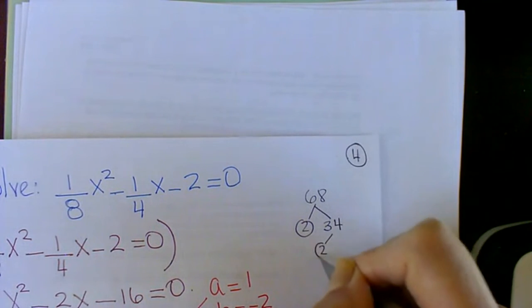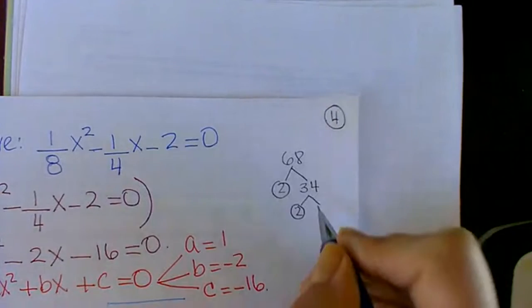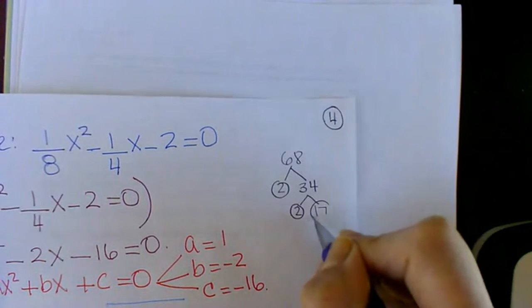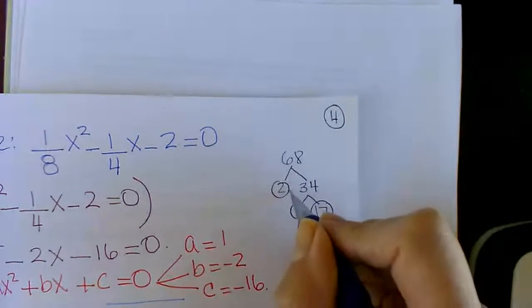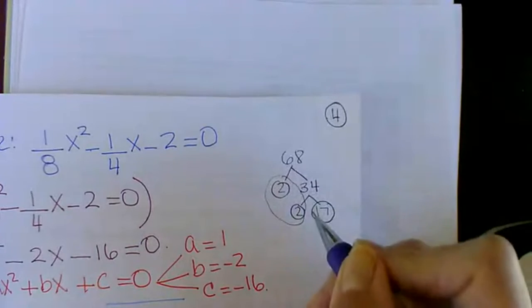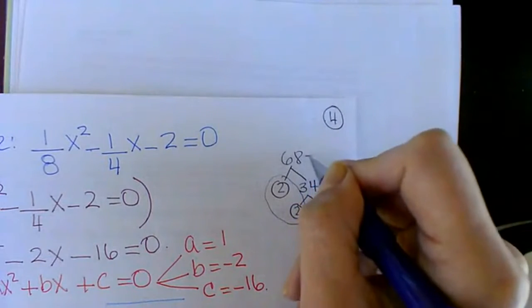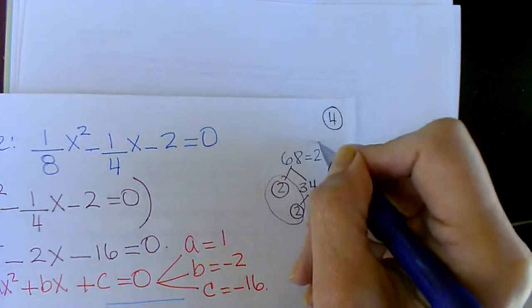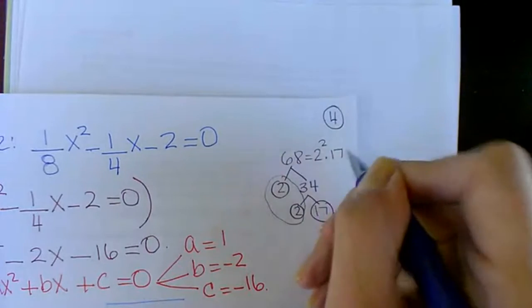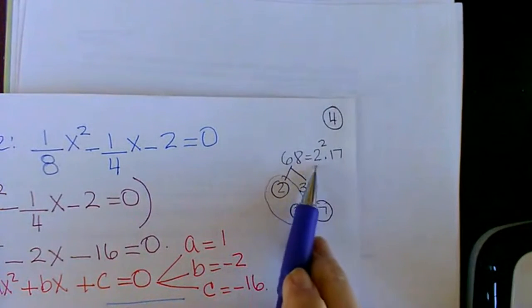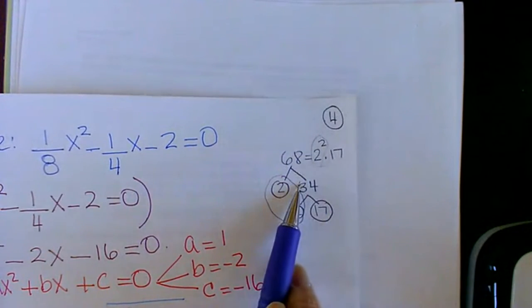And 34 divided by 2 is going to be 17. So right here, you know that 68 is equal to 2 squared times 17. That's how you know it.